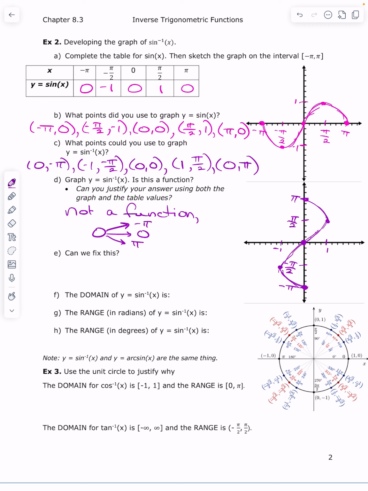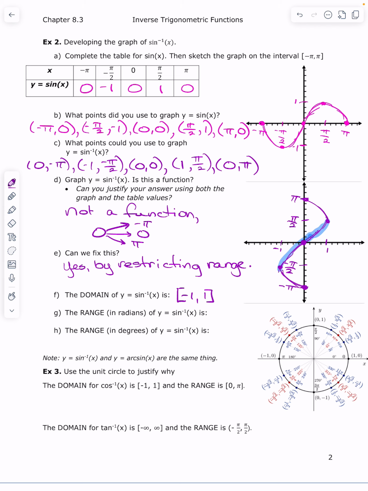We are going to fix this by restricting the range. In the past, we've restricted domain a lot. Here, what I want to do is restrict the range so that I don't get those repeat answers. So my domain of inverse sine is negative 1 to 1, which makes sense.